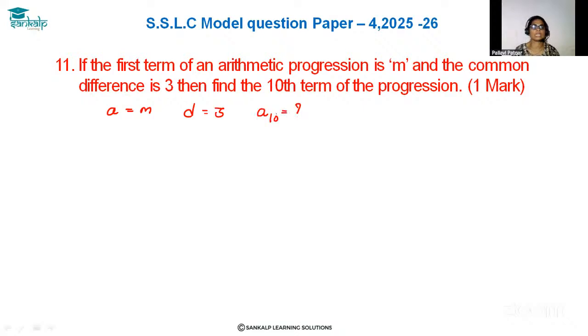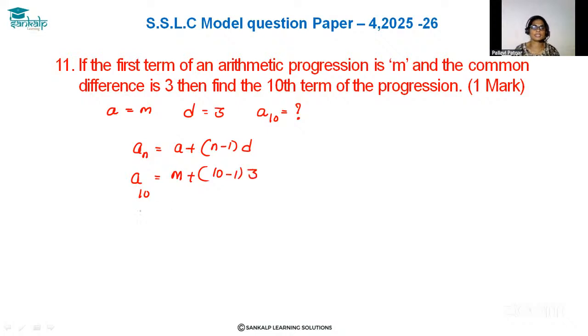Okay, so the general form of the nth term of an AP is a_n is equal to a plus n minus 1 into d. So substitute the values. So here a_10 is equal to m plus, n is 10, so 10 minus 1 into d, d is 3.